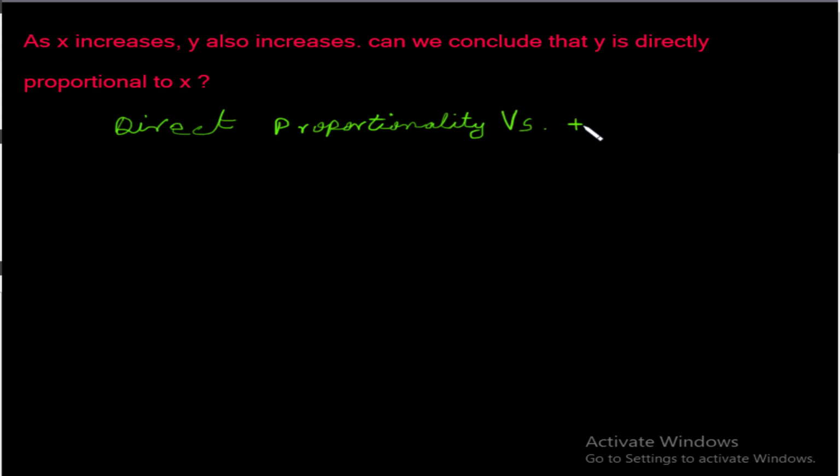versus positive correlation. For direct proportionality, in our algebraic definition, I told you that if y is directly proportional to x, then y is equal to kx for some constant k. This relation implies that the ratio y by x is a constant for all values of x and y.